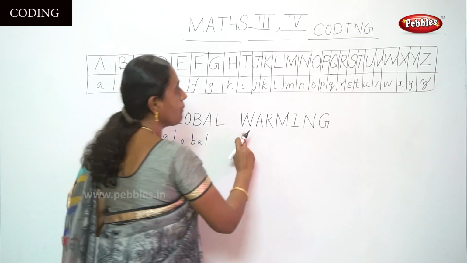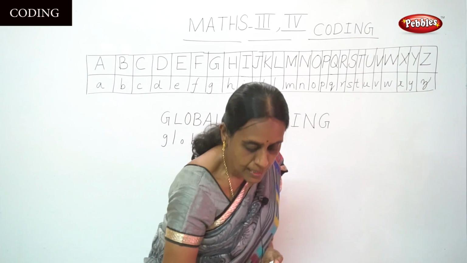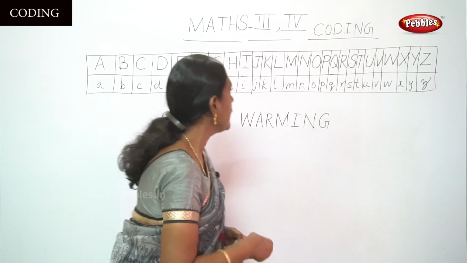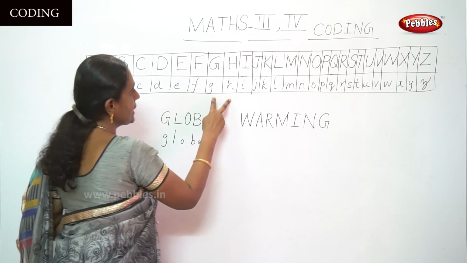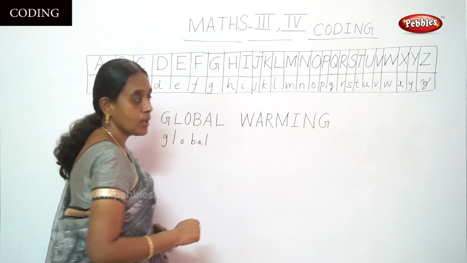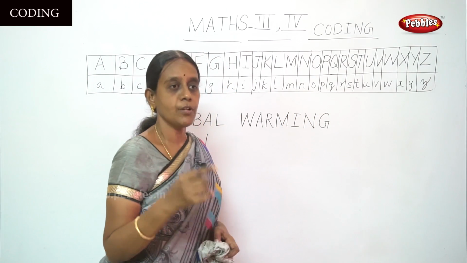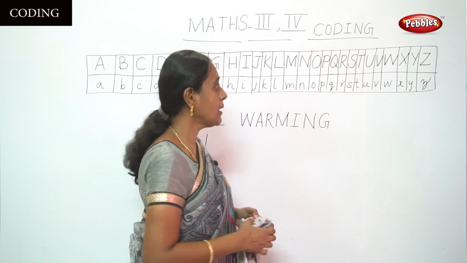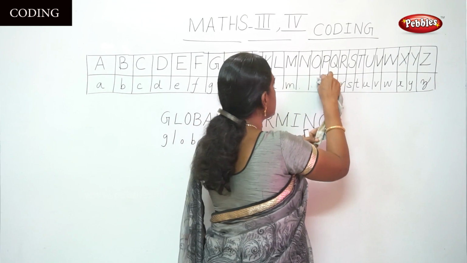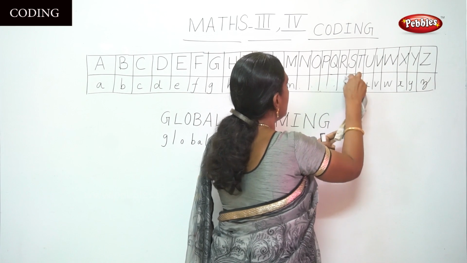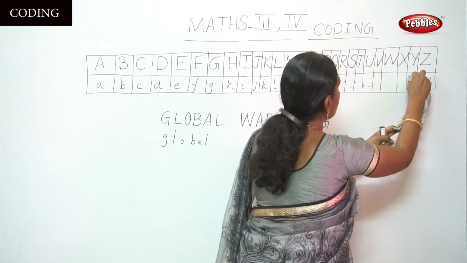And for warming, suppose we write the first 13 letters as they are: 2, 4, 6, 8, 10, 12, 13. By changing the smaller case letters from N to Z, we are going to write numbers or other lettering for the arrangement of coding.